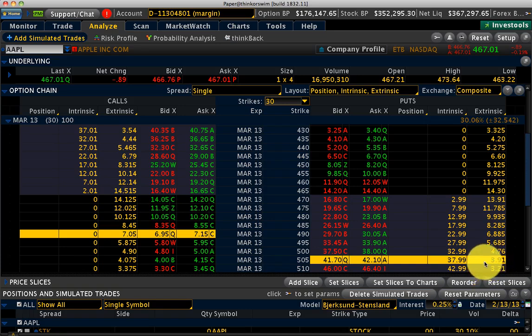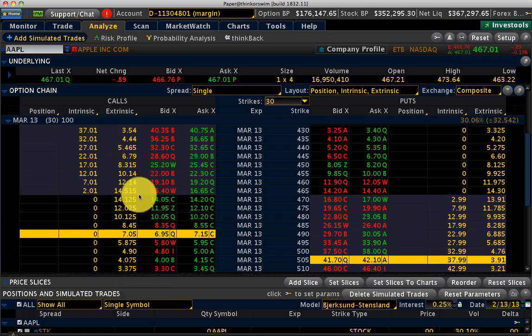The extrinsic value increases as you approach at the money options. And it's at the money options that have the maximum extrinsic value. And then again, as you go out towards more out of the money put options, you'll see that the extrinsic value reduces again. You'll see a similar pattern on the call side as well.